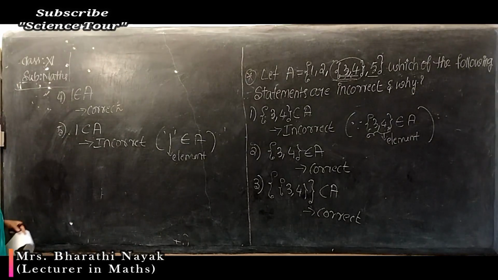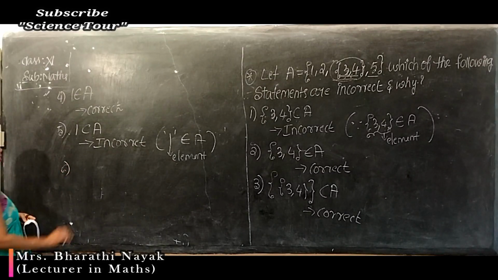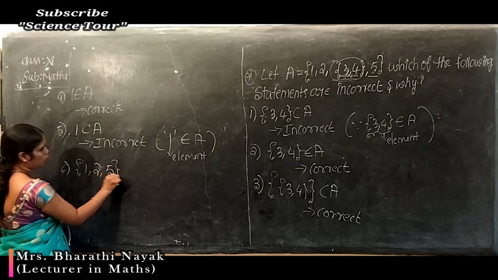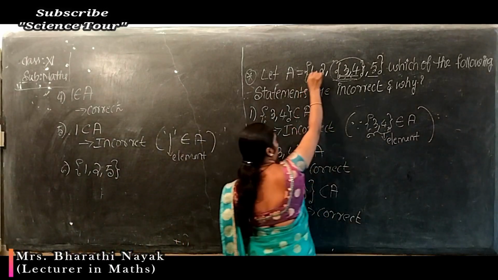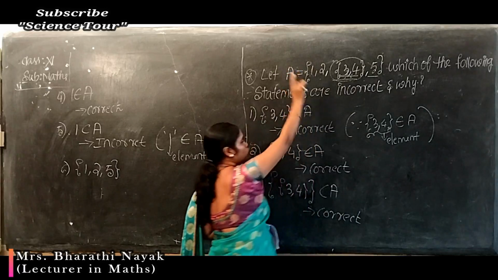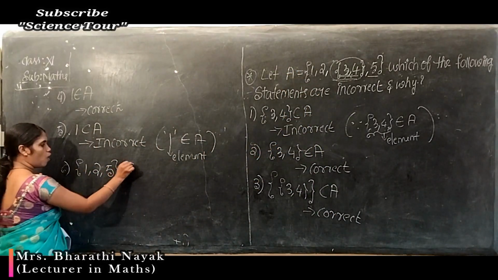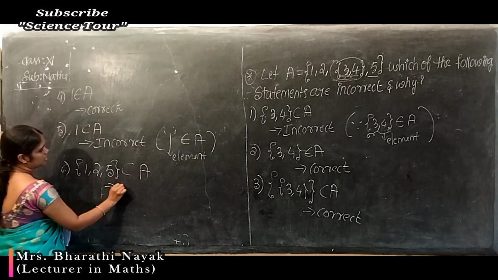Yes. So next, sixth one I'll consider. Set containing 1, 2, 5. All these three elements belong to the set A. So therefore, if you take a flower bracket, obviously it will become a subset of A. So this is correct.